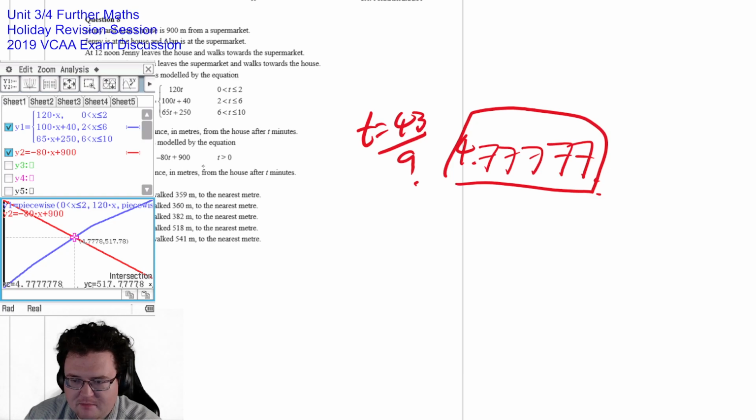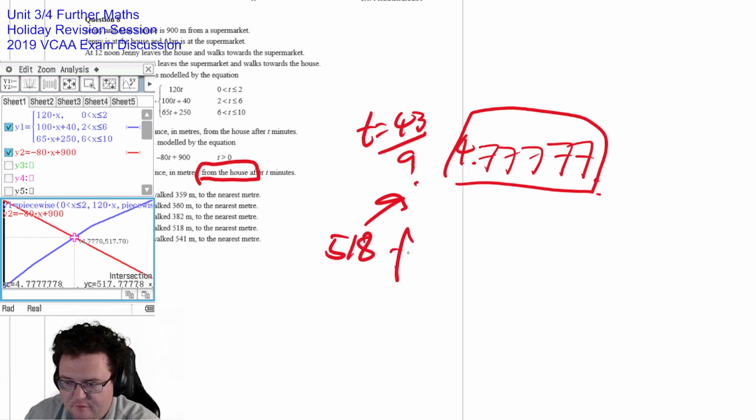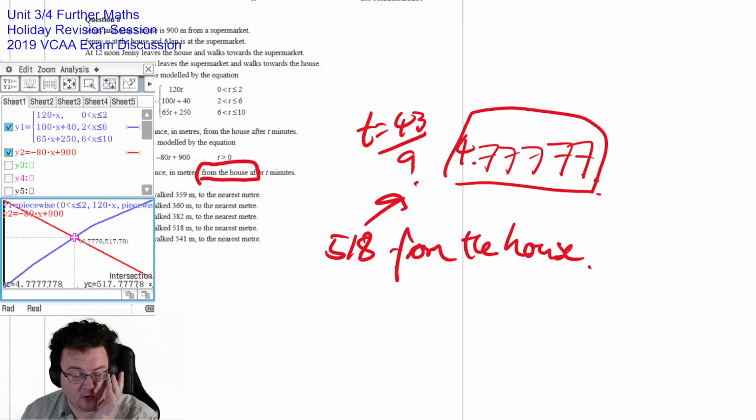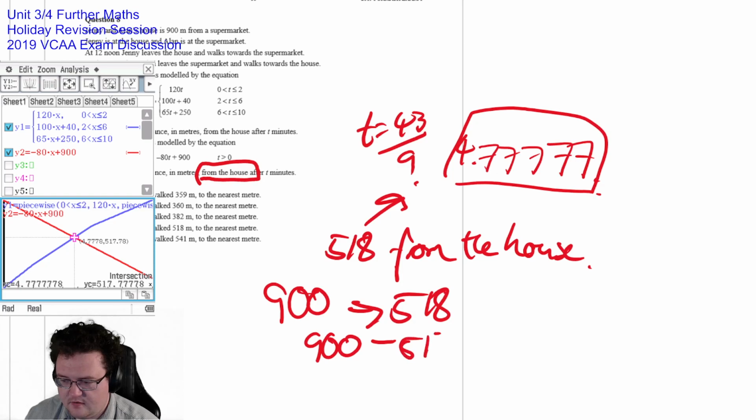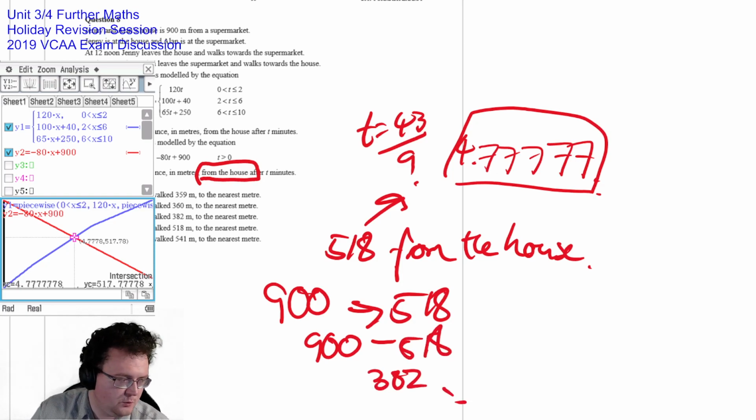His equation gives his distance from the house. At this time, he is 518 from the house. Where did he start, though? He started 900 from the house. So how much has he changed? Well, that's 900 minus 518, which is 382, which is C, the answer.